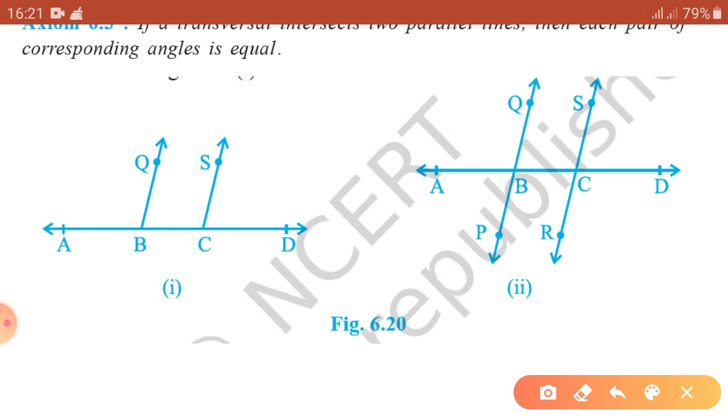Now you may observe that the two lines do not intersect each other. You may also draw common perpendiculars to the two lines PQ and RS at different points and measure their lengths. You will find them the same everywhere. So you may conclude that the lines are parallel. Therefore, the converse of the corresponding angles axiom is also true. So we have the next axiom.